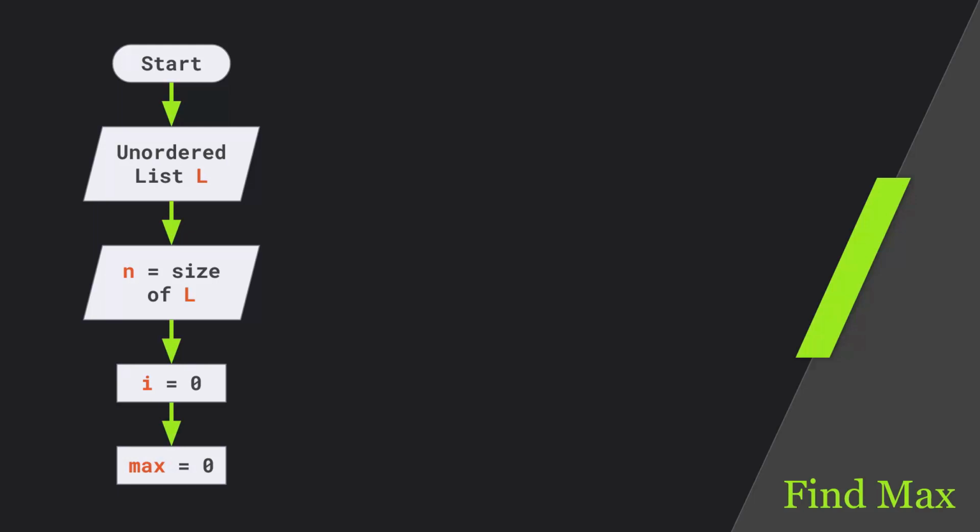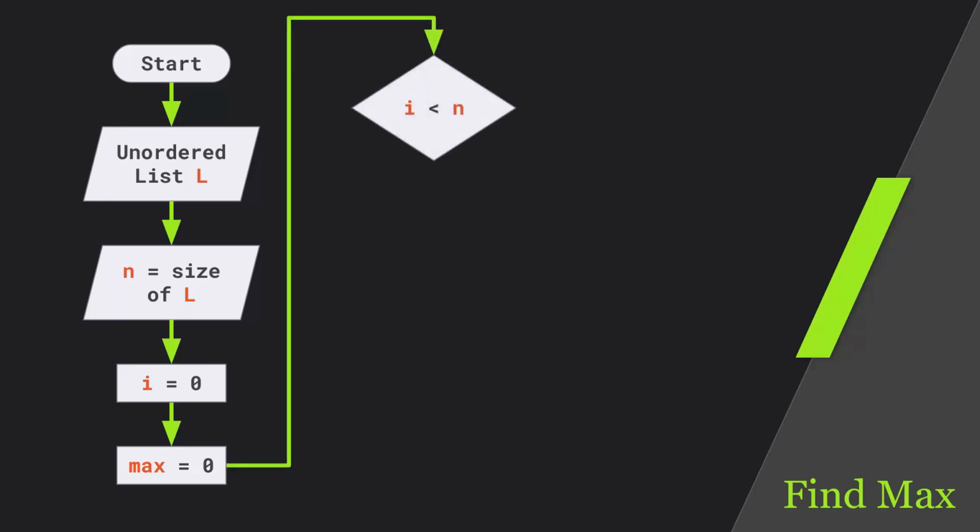We're ready to start actually moving through the list and checking to see if max is less than L at I. So the first thing we need to do is see have we got to the end of the list yet. So as long as I is less than n, as long as that's true, we then want to check to see if max is less than the location in the list that we're at.